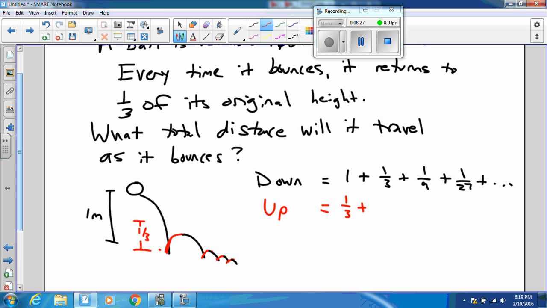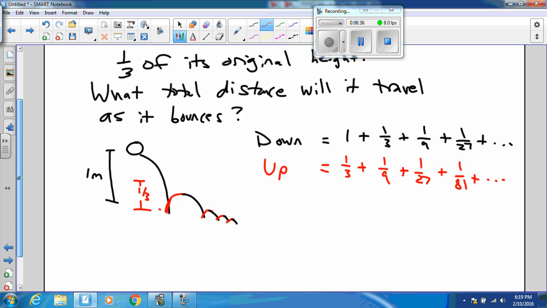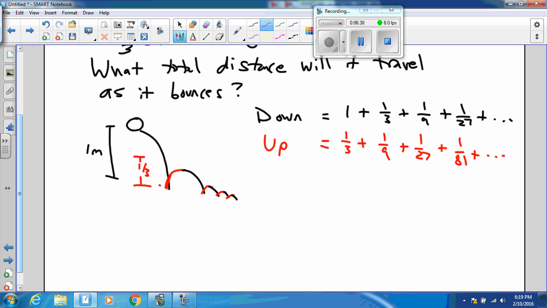Meanwhile, the up distance in red is going to start at 1/3 of a meter, and then add on 1/9, 1/27, 1/81, and so on. And when I write it like this, you can see that the down and the up are separately two geometric series.